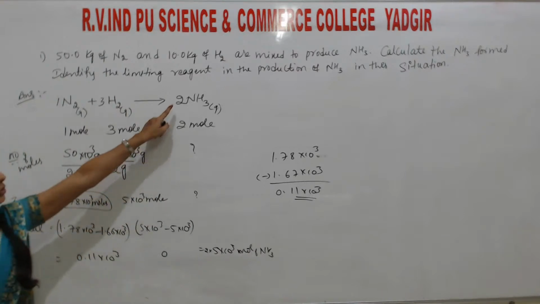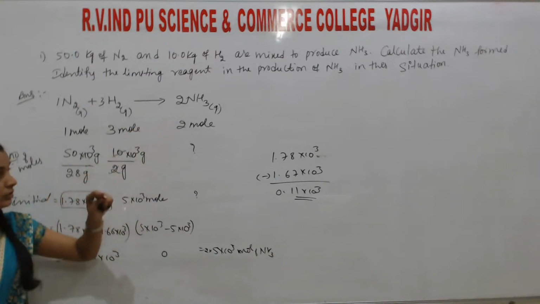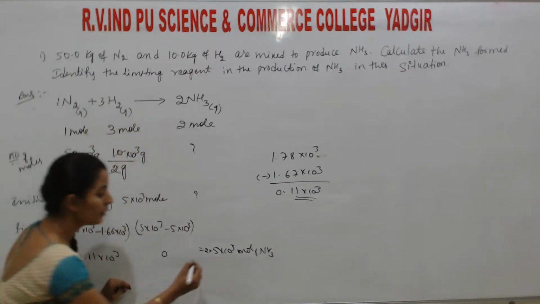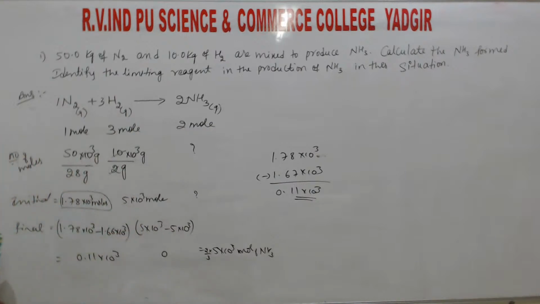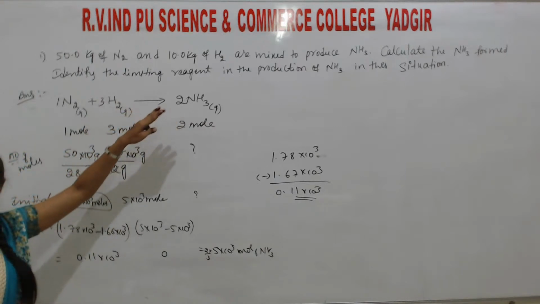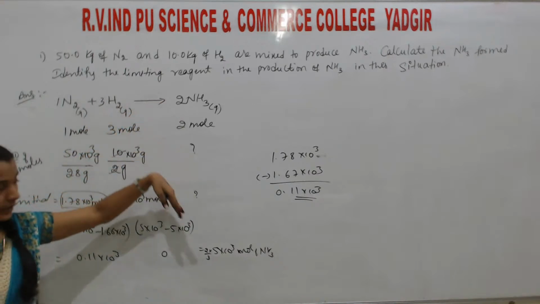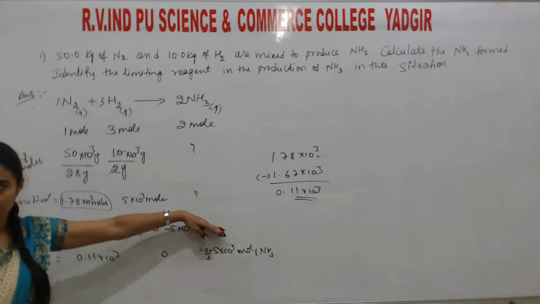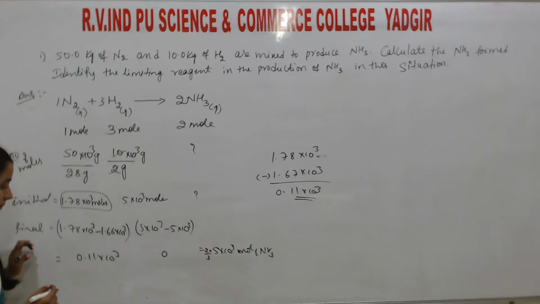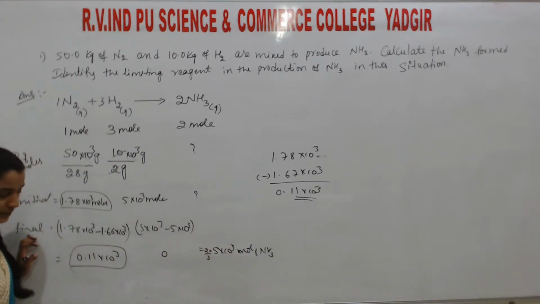Because by comparison, 2 moles of NH3 to 3 moles of H2, either it is 3 by 2 or 2 by 3. By comparison, you can easily see. Understand, students? So this one is left in excess, this one is completely reacted, and the product is formed.